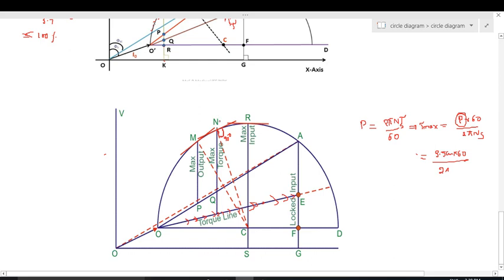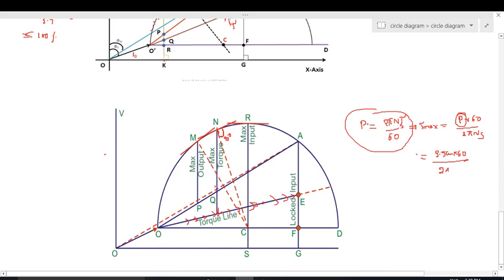So how to find the maximum torque? This distance indicates the maximum torque. To find the maximum torque, this is the formula. We know the power scale, so from this one to this one we know the distance.